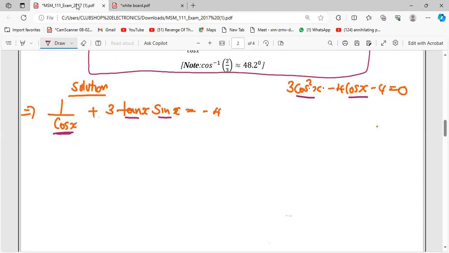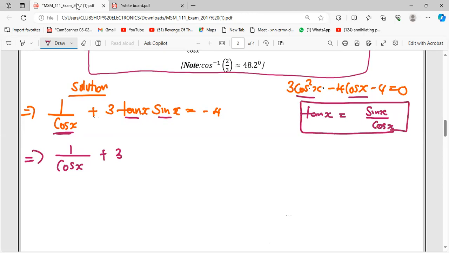But now we know that there is an identity which says that tan x is equal to sin x divided by cos x.